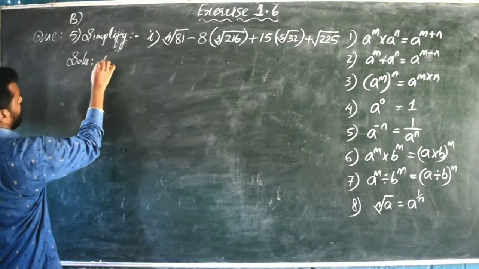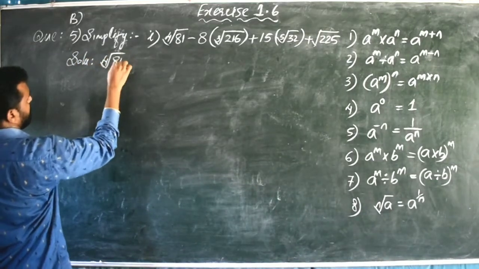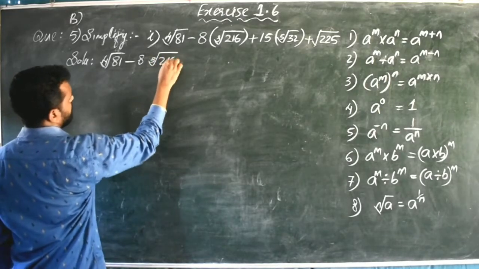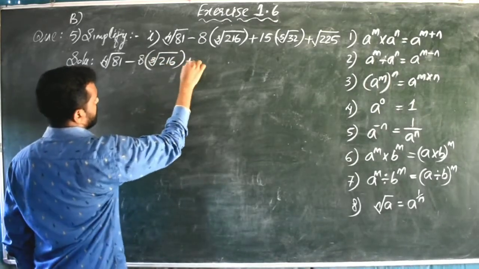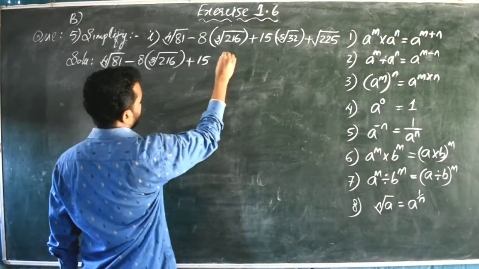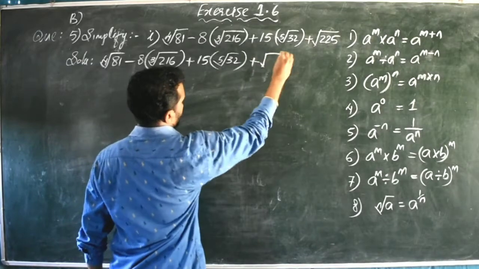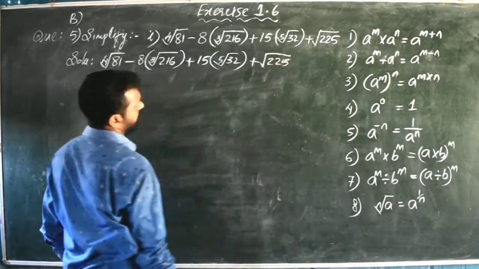4th root of 81 minus 8 into cube root of 216 plus 15 into 5th root of 32 plus square root of 225.